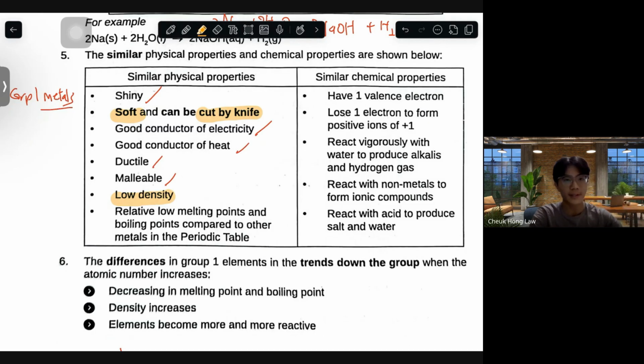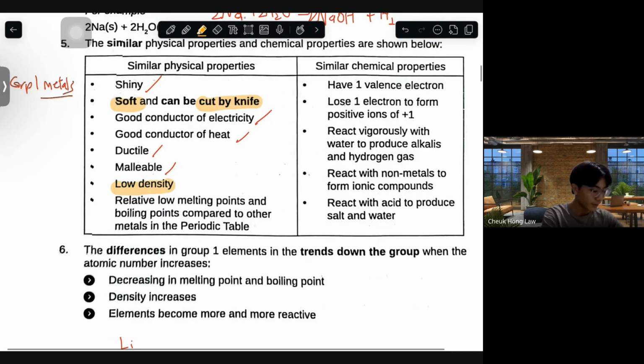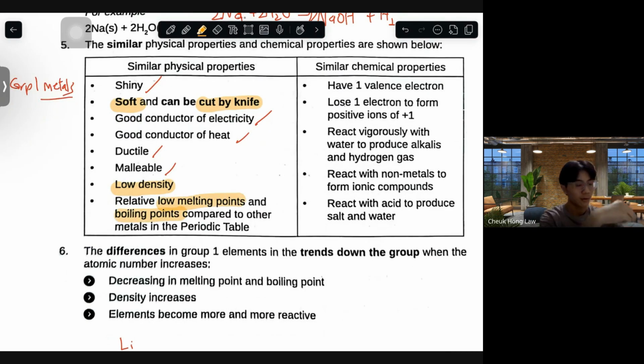And they also have low melting and boiling points compared to the other metals in the periodic table. So these are the 3 properties that are similar in group 1 metals but different in other metals. One, they are soft enough to be cut by a knife. The other one is low density. And the final one is relatively low melting and boiling points.